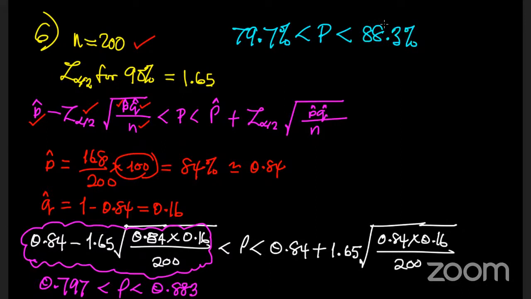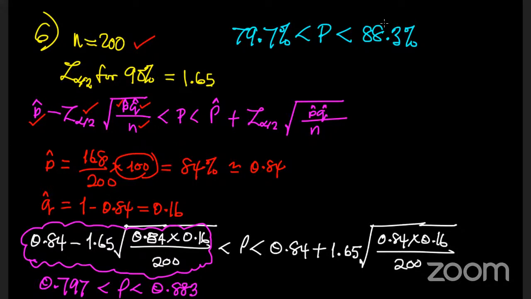We can see that with 90% confidence, the true percentage is between 79.7% and 88.3%. So that's it, question 6.